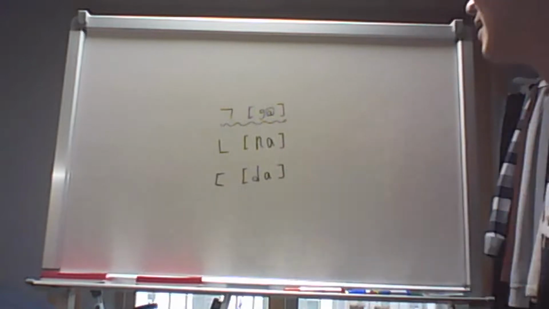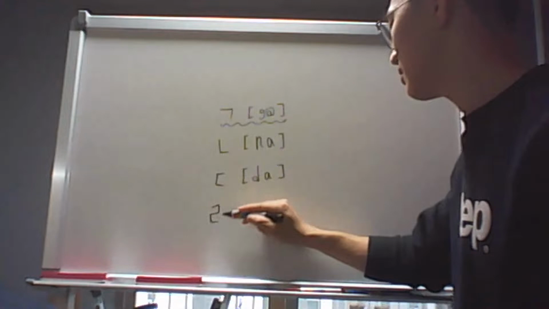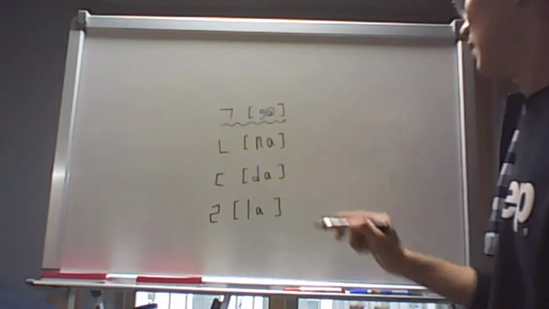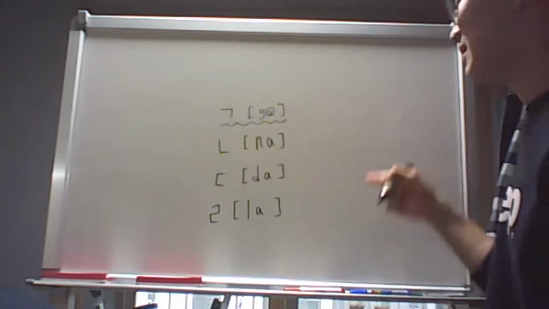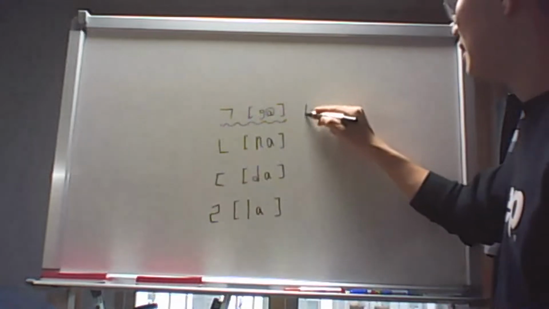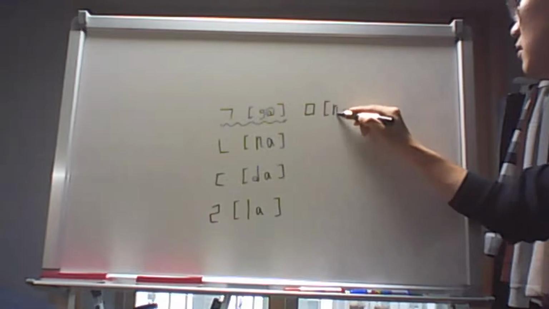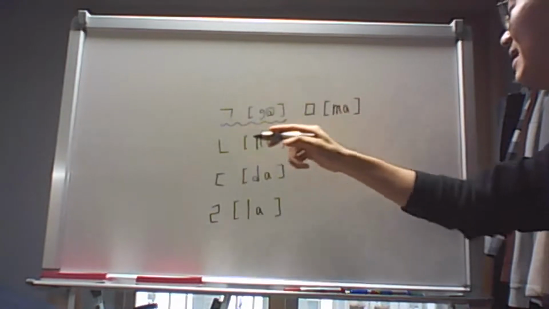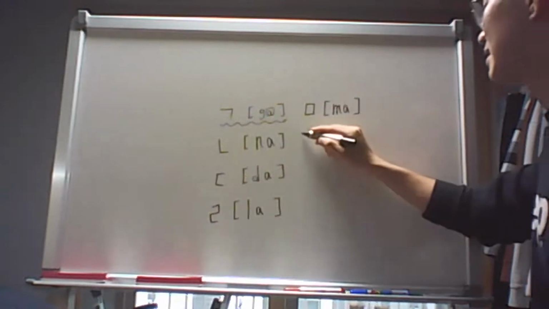Ga, na, da. And this is la. Ga, na, da, la. And this is ma.